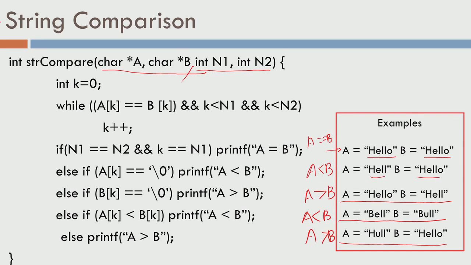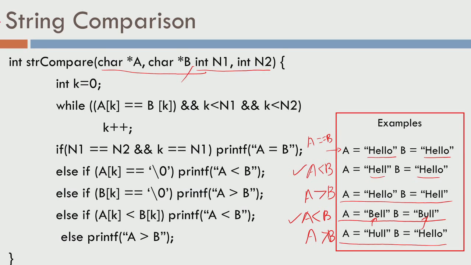I ran out of characters in A to compare with B. In that case, A is less than B. Or I do not run out of characters, but I am still in the middle of checking characters, and I see that some character in the middle of A is less than the corresponding character of B. In this case also, A is less than B. These are the two conditions for which A is less than B.